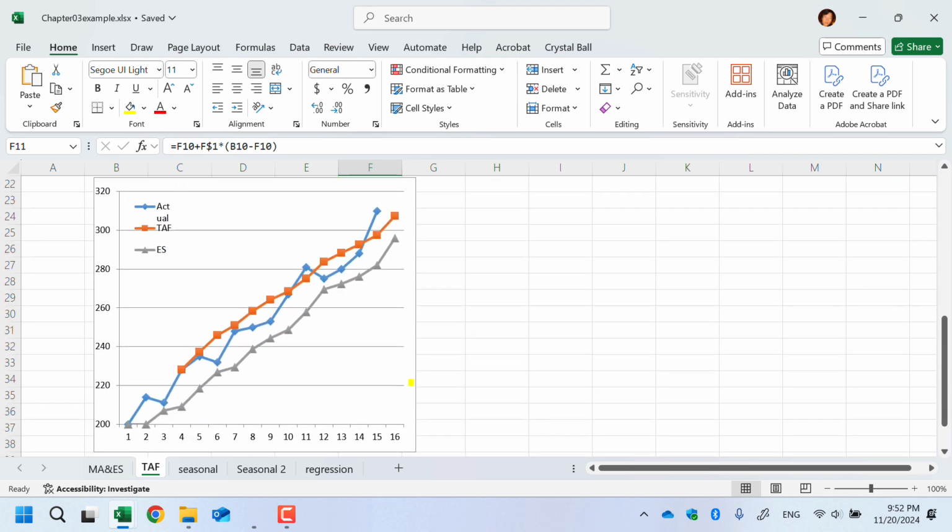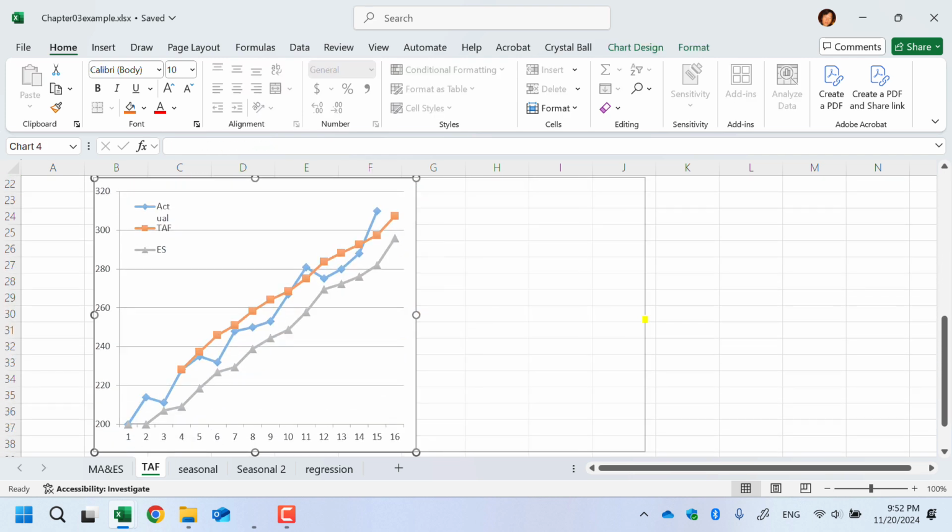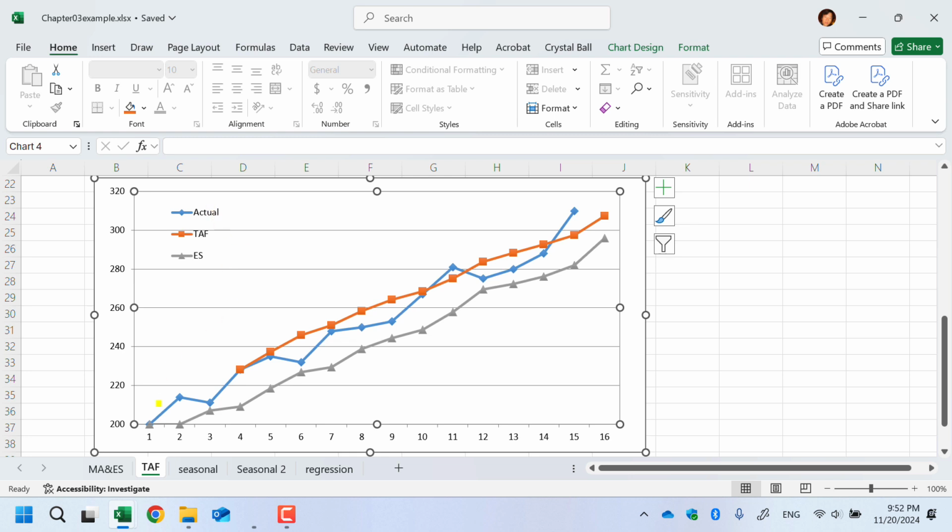If you take a look at it here, right? The blue one is actual, and this gray one is exponential smoothing. Again, exponential smoothing, just like a moving average, when this goes up it actually has a delay. It's catching up to the slope.